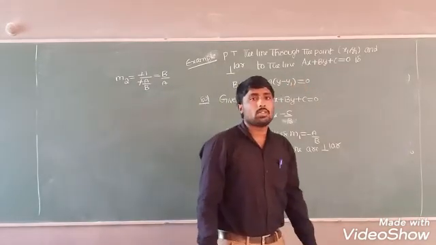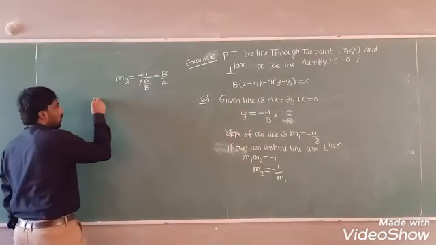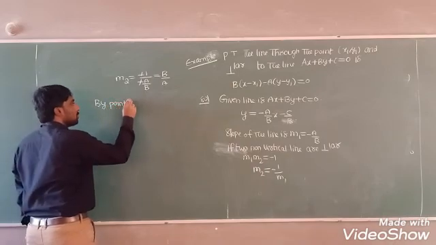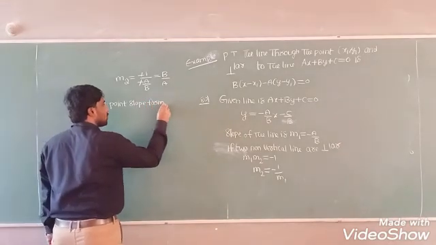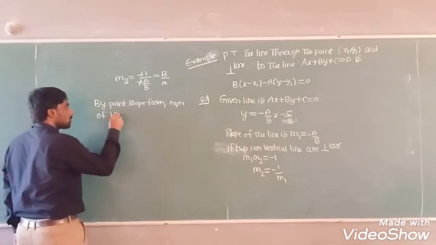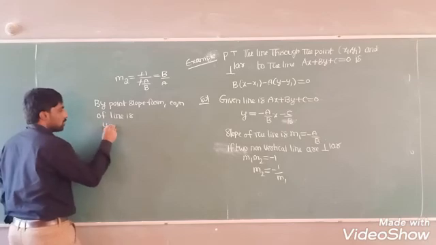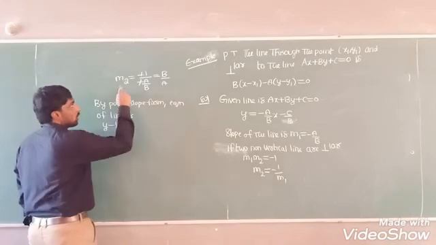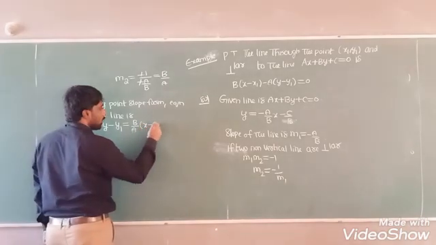Then by using point-slope form, the equation of a line is y minus y naught, so what is y naught? y1, equal to m into, what is m here? b by a into x minus x1.